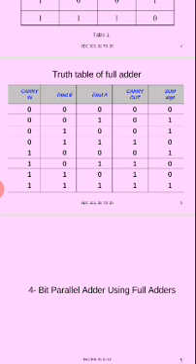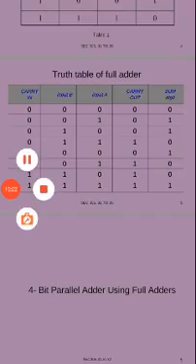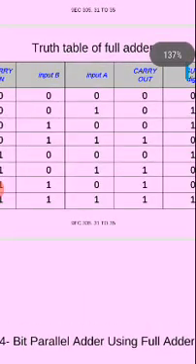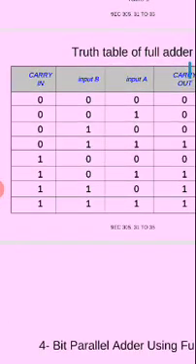For 1 1 1 combination, carry 1, sum 1. This is the truth table of full adder.